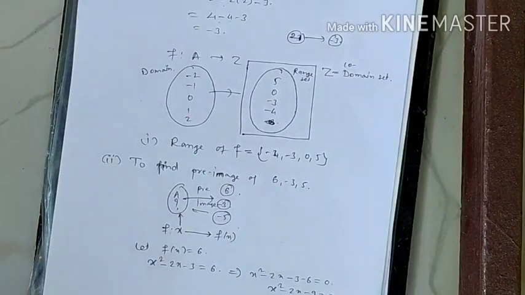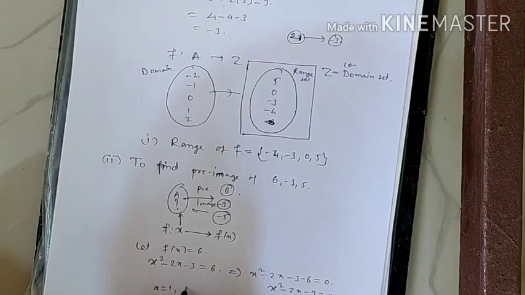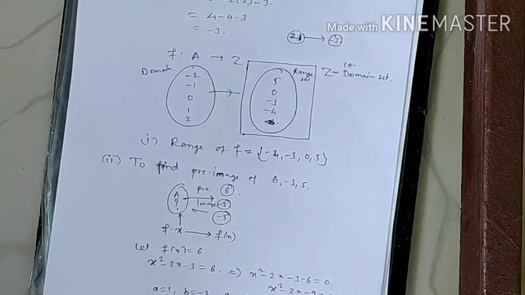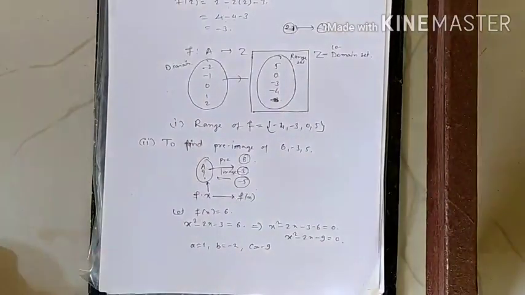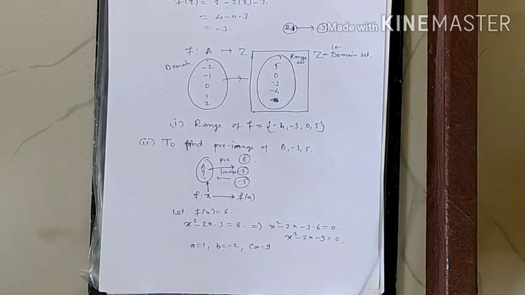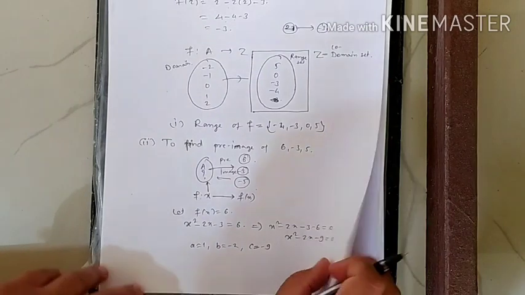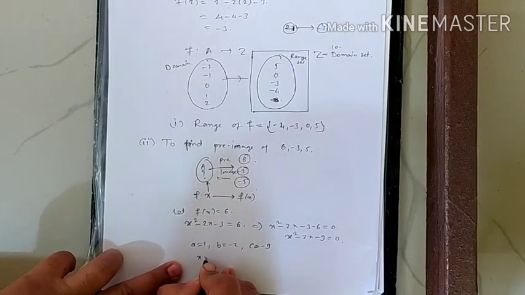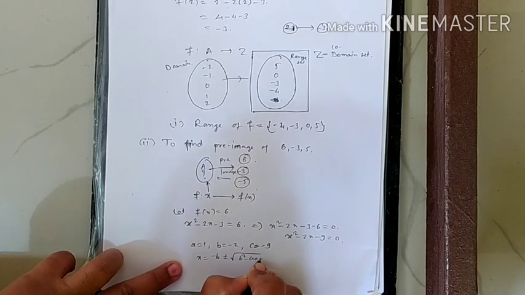In 10th standard we have seen how to find the roots of a quadratic equation. Here a equals 1, b equals minus 2 and c equals minus 9. We know that x equals minus b plus or minus square root of b square minus 4ac, whole thing divided by twice a.